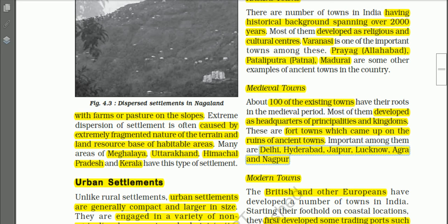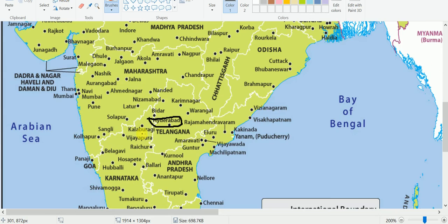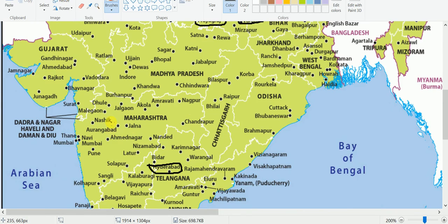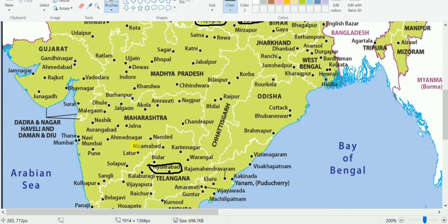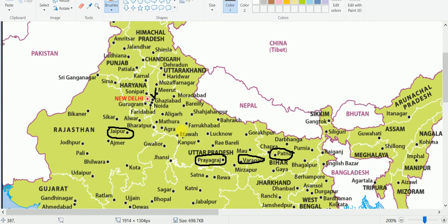Agra and Nagpur are also there. Agra is in the north. Agra is here. So in this way, use the maps to find them out.